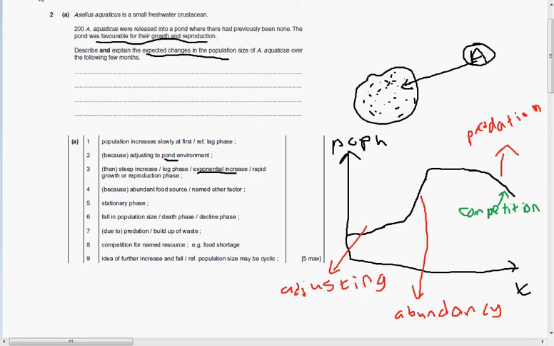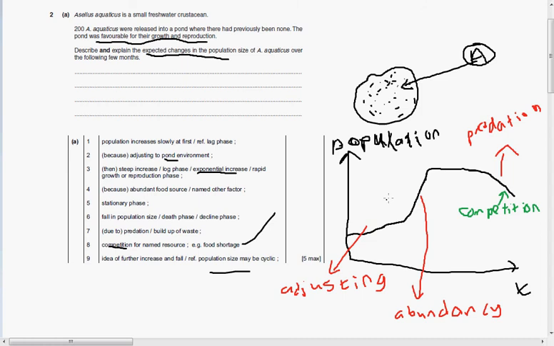Maybe I'll finish this so that it doesn't look so ugly. But seriously, my handwriting sometimes looks horrible. Hopefully now it's clear. Food shortage, this is competition, all of this is part of competition.